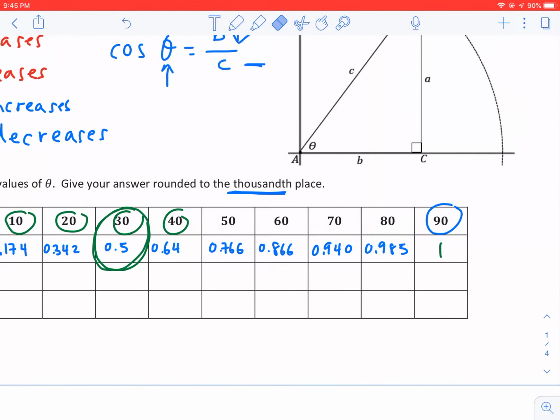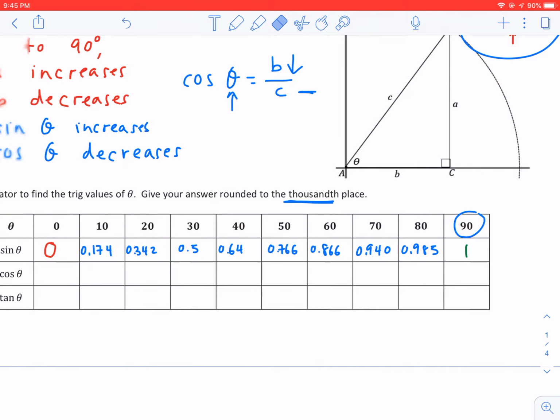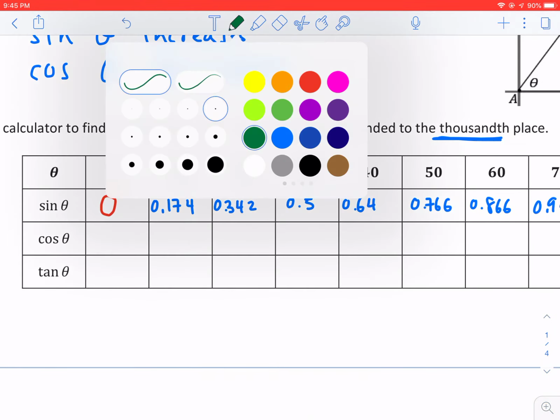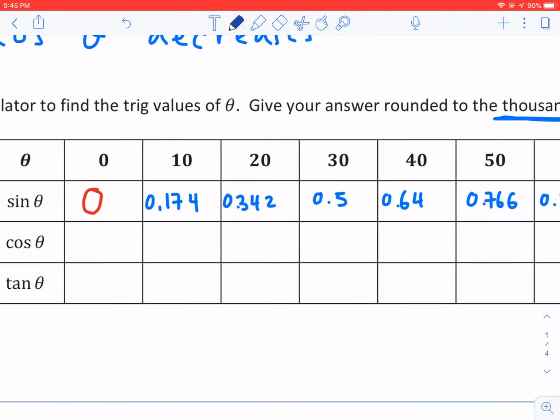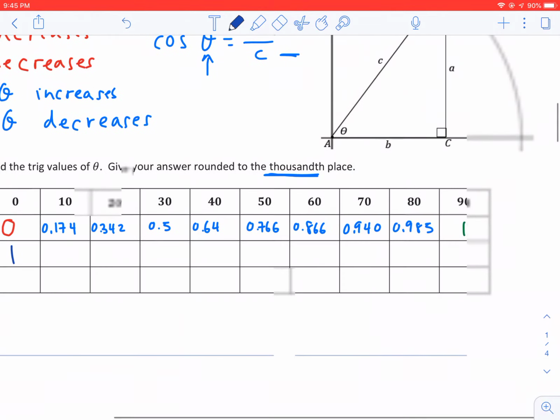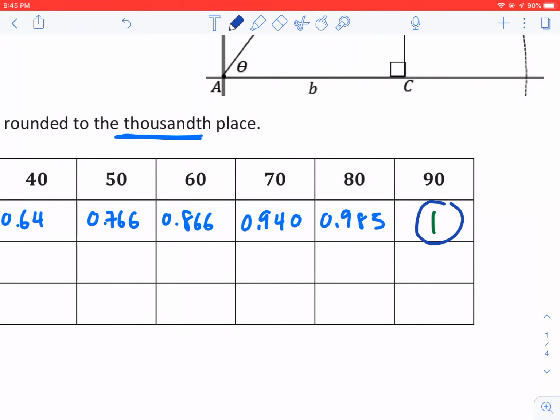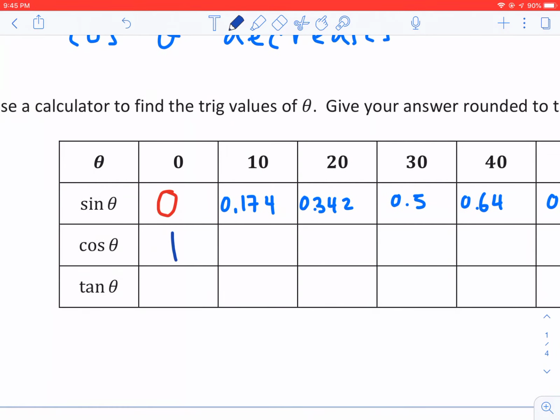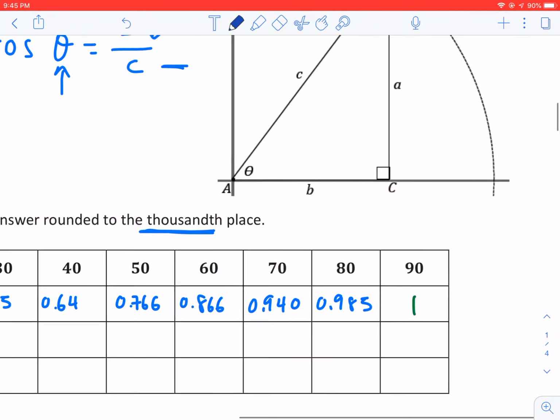So once we complete this table for sine of theta, we know, because sine and cosine are cofunctions, that if sine of 90 degrees is 1, the complementary angle to 90 degrees is 0 degrees, so cosine of 0 also must be 1. And again, let's take a look to see if this makes sense.